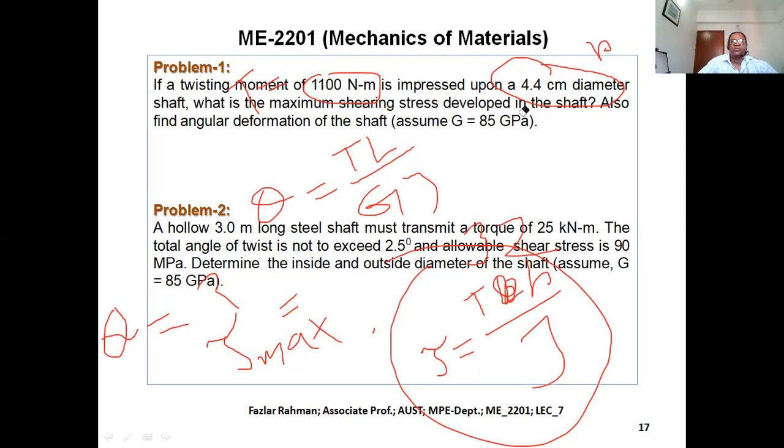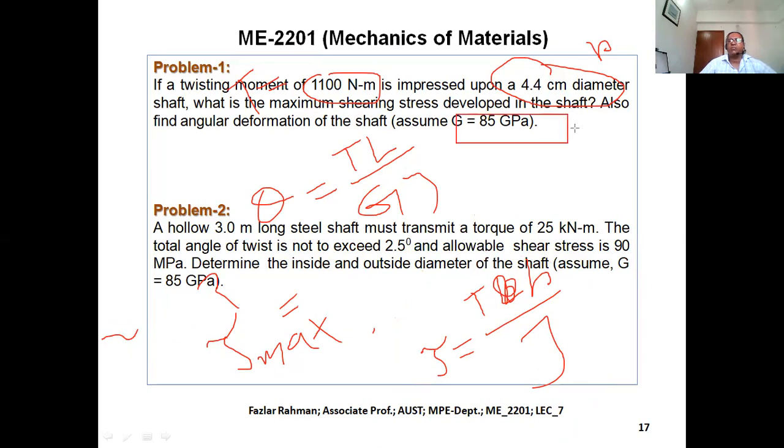The G value is given over here. L is not given, right? It doesn't say what the length of the shaft is. The value of G is given as 85 gigapascal.